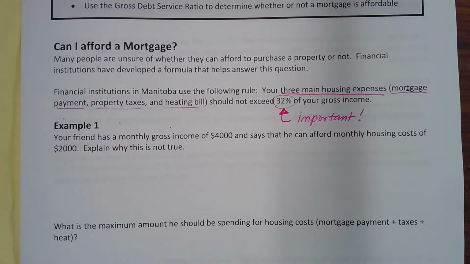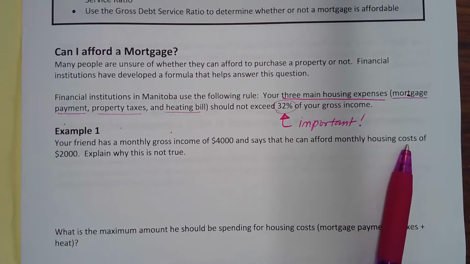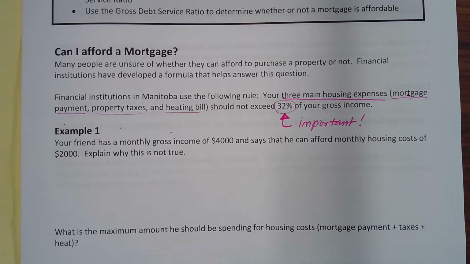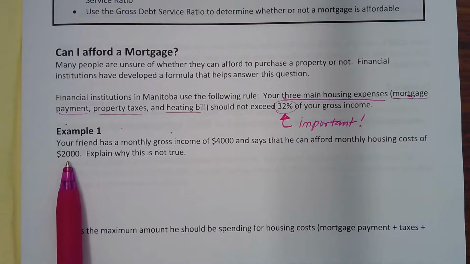He says that he can afford housing costs, which are those 3 things: monthly payment for mortgage, property tax, and heating, and he says he pays $2,000 for that.